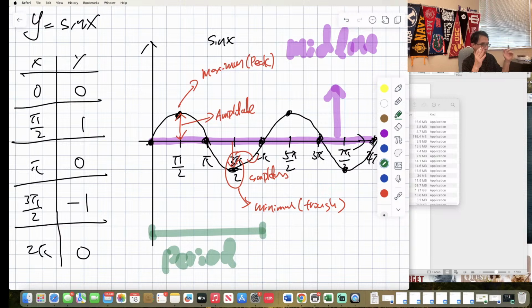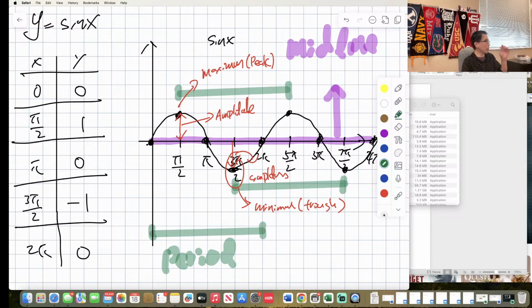Now, sometimes it can be determined this way. Some people say, hey, can I just look at peak to peak? Yes, peak to peak is also a way to determine the period as well. But is that the same distance? Same distance, right? It's peak to peak, or it could be trough to trough. These are all different ways to describe a period.